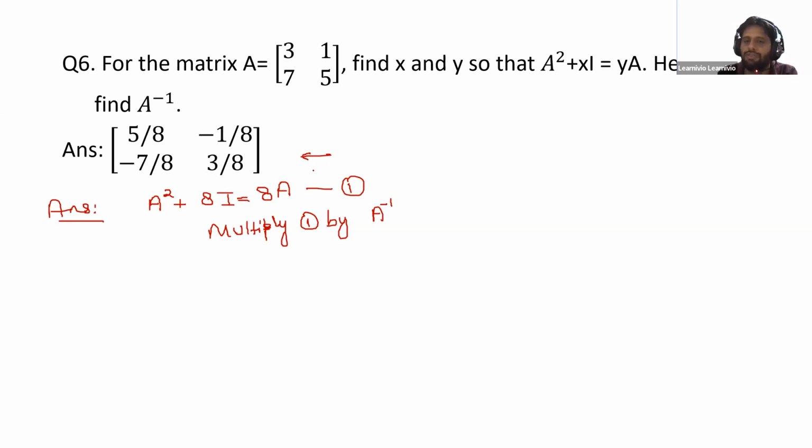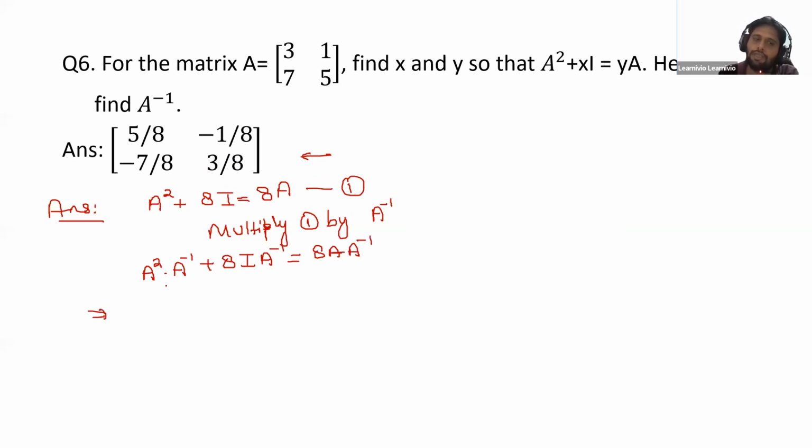Please don't change the sequence. So here we are multiplying with A inverse from this side. It's your wish, you can multiply from the other side also. If you have started from this side, then A inverse will always be written on the right, like this: 8I, A inverse. 8A, A inverse.